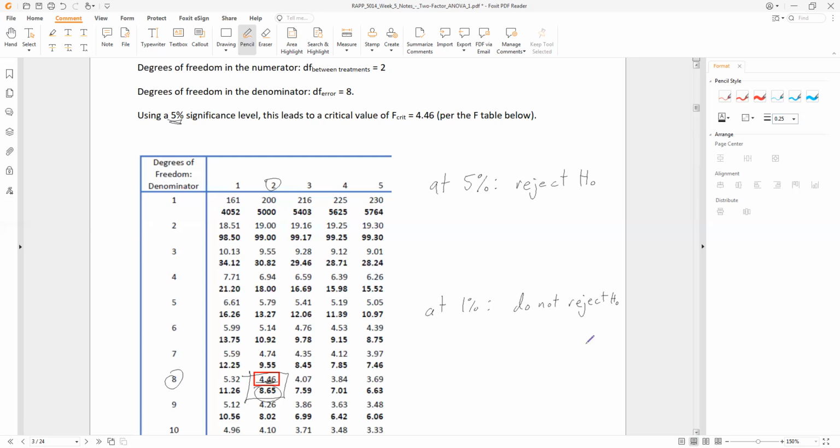If it was 1%, we didn't reject, there would be no follow-ups. We did not find a significant difference between any of the groups. So we don't need to check which differences are significant, because the answer is going to be none of them. None of them will be significant at 1%. But at 5%, we need to do follow-ups. So here we are done, whereas here we need post-hoc tests.